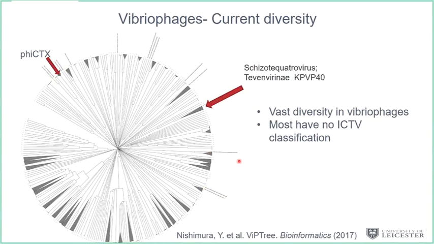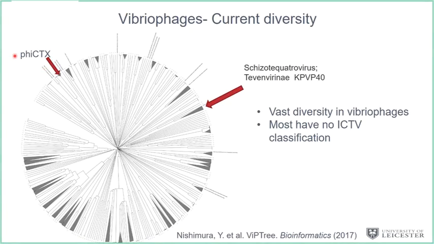And one thing that stands out straight away is that most phages that have been isolated have no known taxa. And this holds true for most phages. So the ICTV, which classifies them, has a huge amount of work going on in the background to try and give all phages classification. But in the case of Vibrios, most of them don't have any taxa.